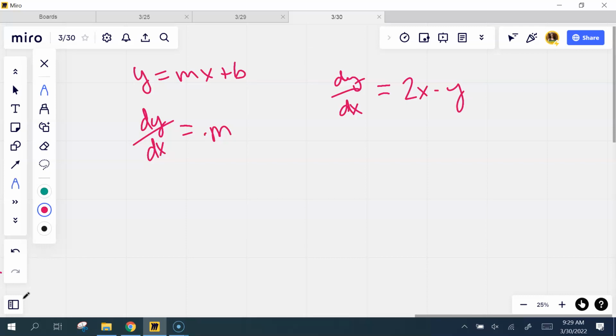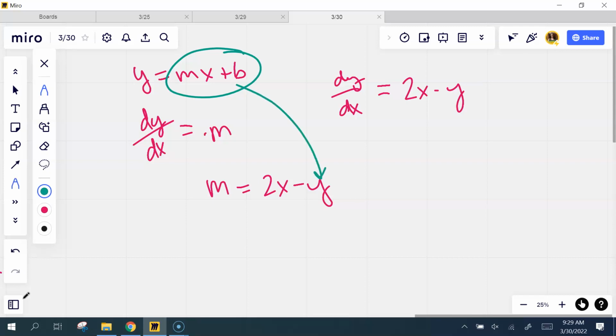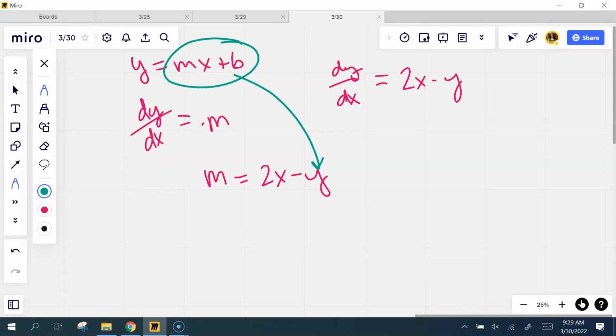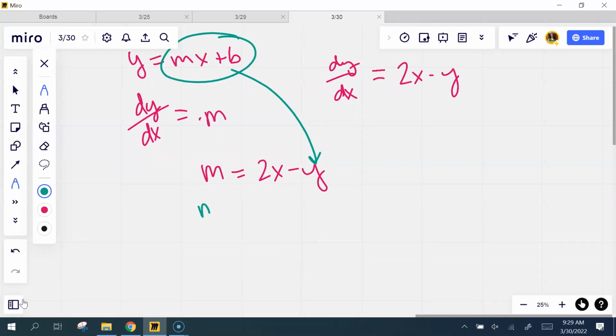So I should have m equals this, right? And I know that y is mx plus b. It's a whole bunch of subbing. That's exactly what it is. So now m equals 2x minus (mx plus b). There's your first point right there.